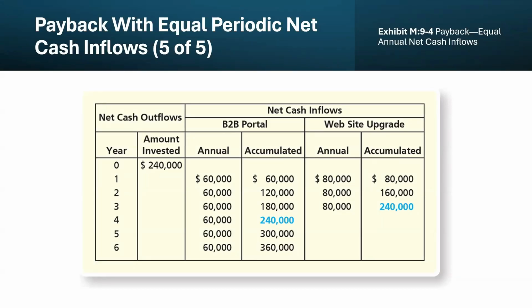Here in this exhibit, you see where the payback calculations are summarized. And remember, these are dollar amounts, okay? So to the left, the net cash outflows, amount invested, $240,000. Business-to-business portal, you see here, and the website upgrade.